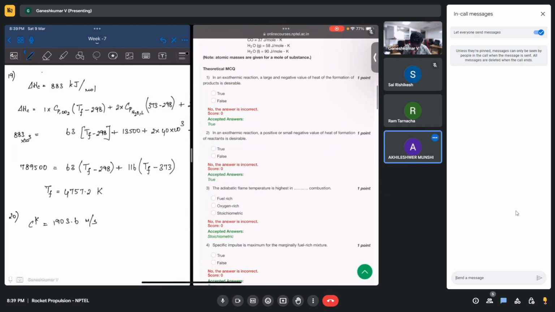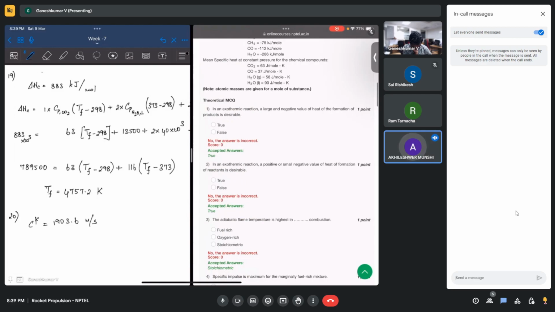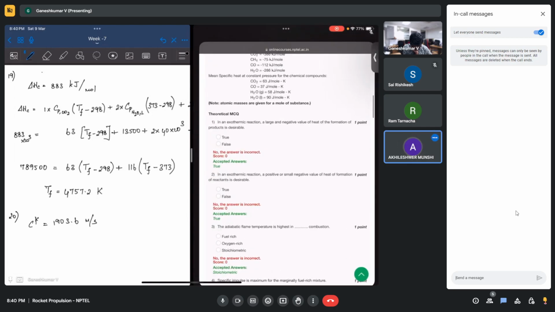The highest adiabatic flame temperature. They have given stoichiometric, but even in the lectures, the professor rigorously proved that the fuel-rich side gives us a better temperature. That's exactly why fuel-rich mixtures are used in combustion, so that we get the highest possible temperature.